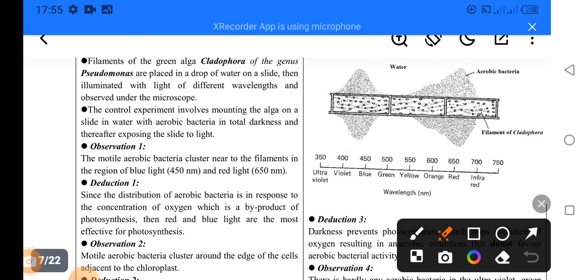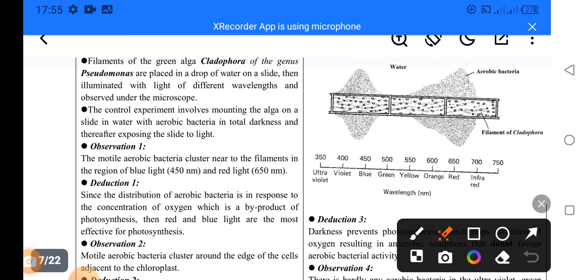So the motile aerobic bacteria cluster near the filaments in the region of blue light, which is around 450, and around 650 nanometers. Now that is the observation.